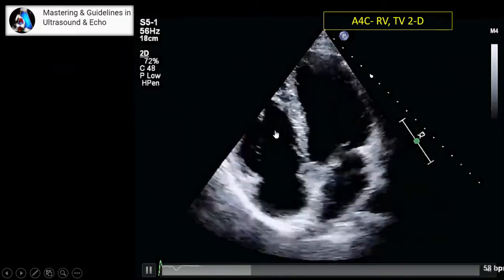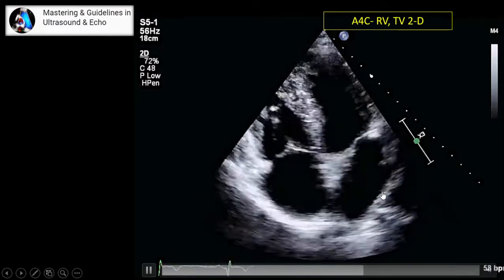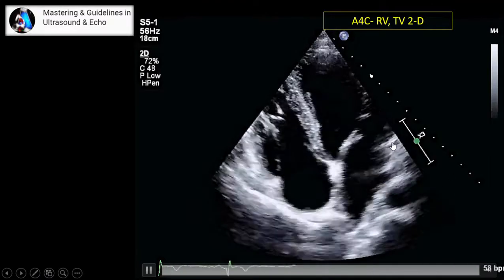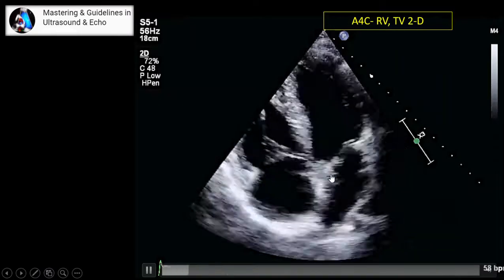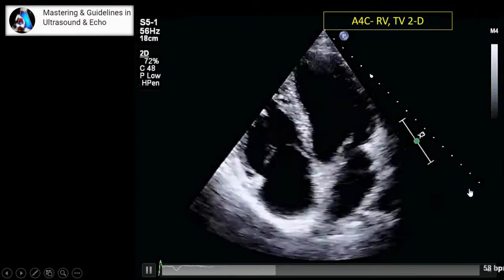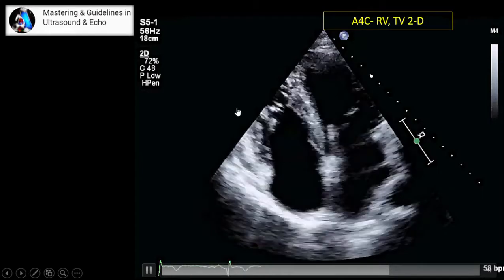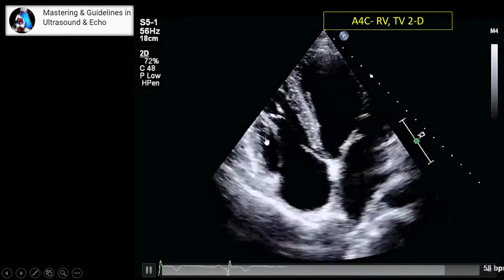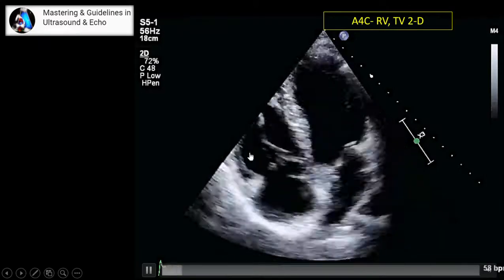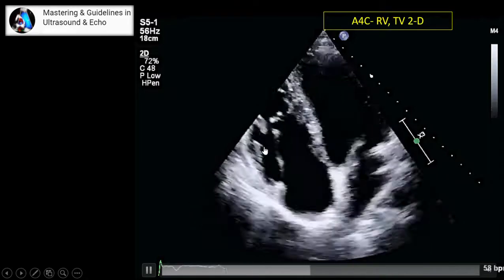For this purpose, we move our probe a little lateral, close to the mid-axillary, or a little more lateral from the mid-clavicular. In that case, the free wall becomes more oblique, and our sound goes from parallel to more perpendicular to the free wall and gives us more detail of the free wall.